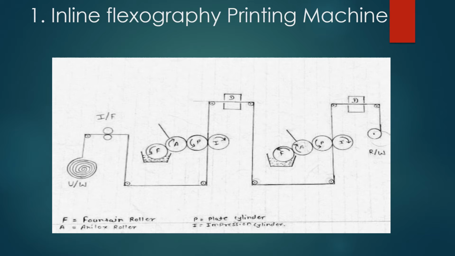In the first printing unit, there are 4 cylinders and an ink tray or fountain tray. In the fountain tray, the fountain roller or cylinder is submerged, which picks up excess of ink and supplies to the next roller, that is the anilox roller.